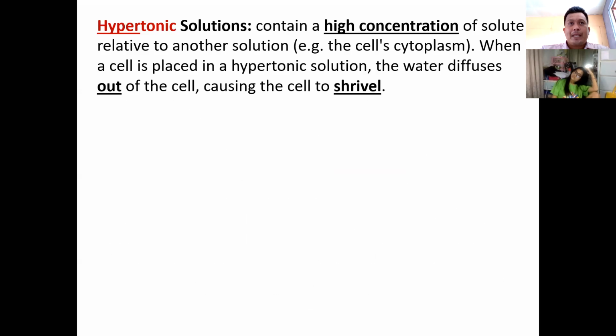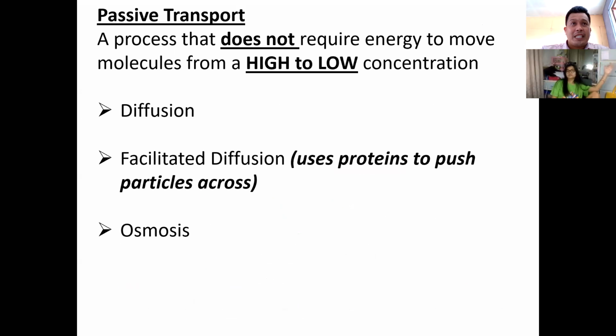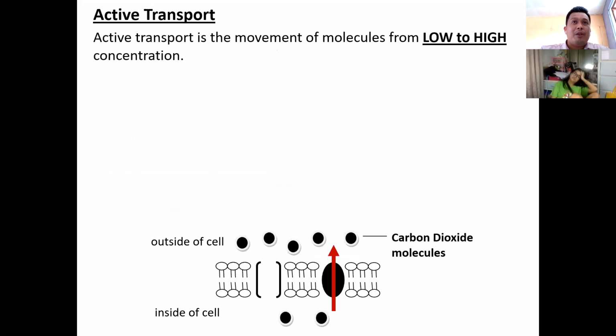Let's go back to passive transport. When you talk about passive transport, notice the underlined words there. The molecules move from high to low. But in active transport, the molecules move from low concentration to high concentration.